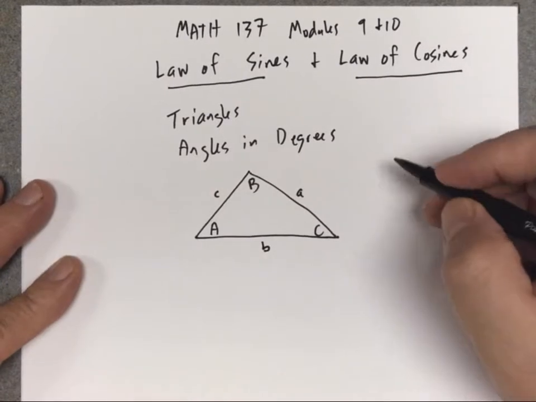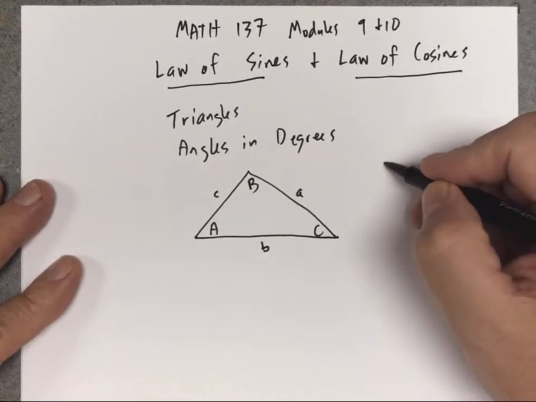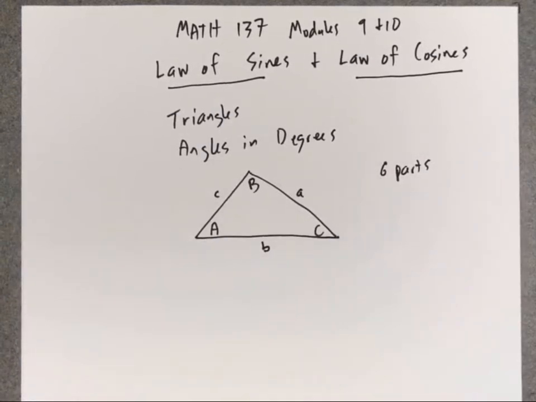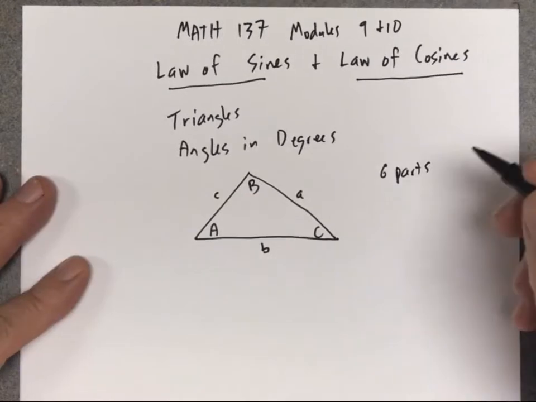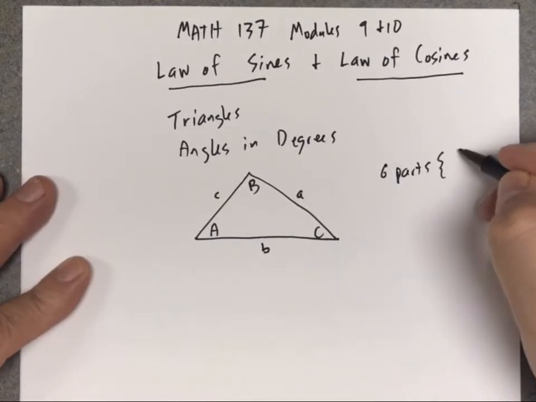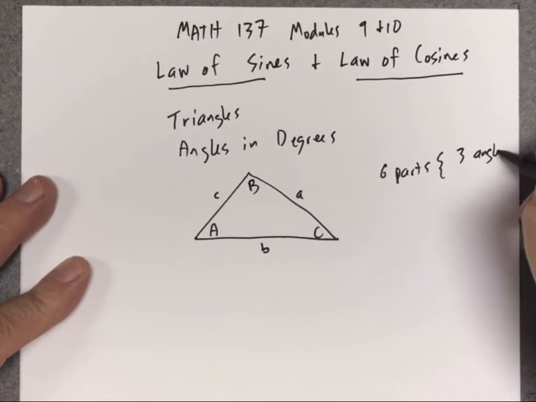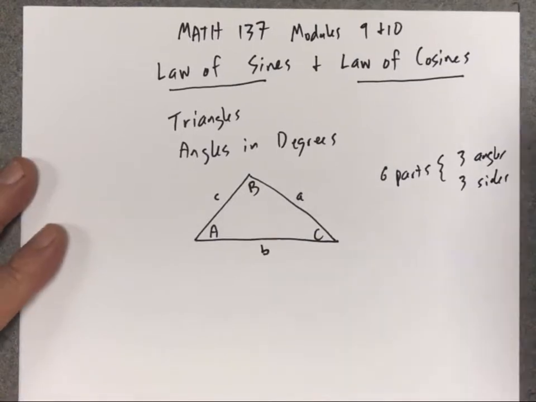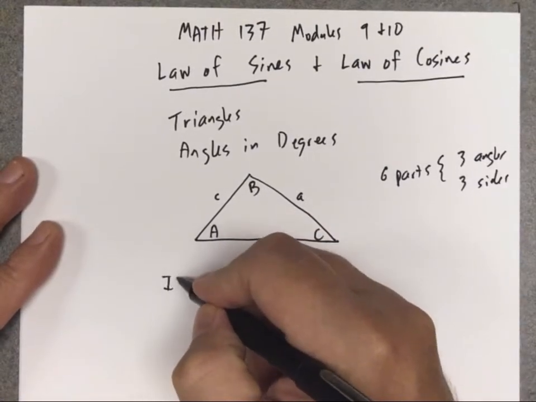So anyways, here's a key initial point. The triangles we're going to work with have 6 parts: they each have 3 angles and 3 sides. And one of the key things we're going to realize, in all the problems we're going to start working on, here's an important point.